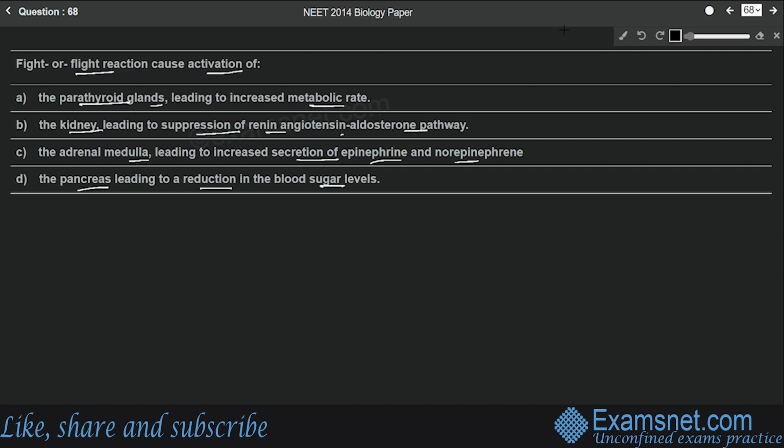Okay, so the correct answer is option C, the adrenal medulla. Fight or flight reaction causes activation of the adrenal medulla leading to the increased secretion of the emergency hormones, that is epinephrine and norepinephrine. So option C is the correct answer.